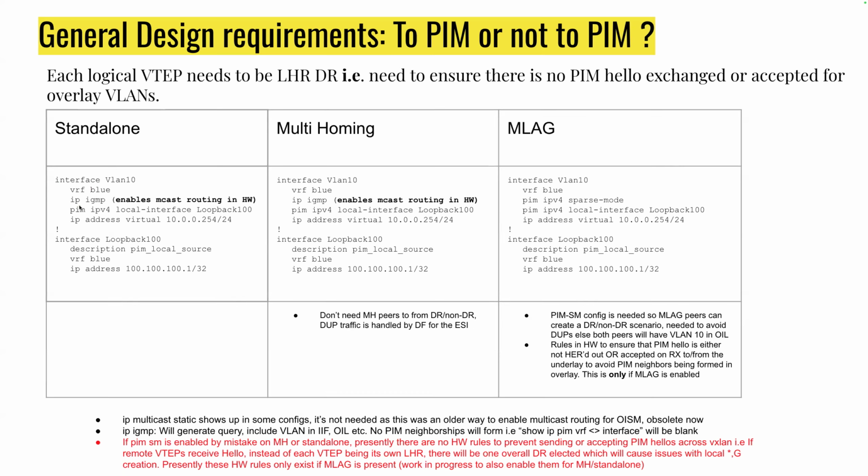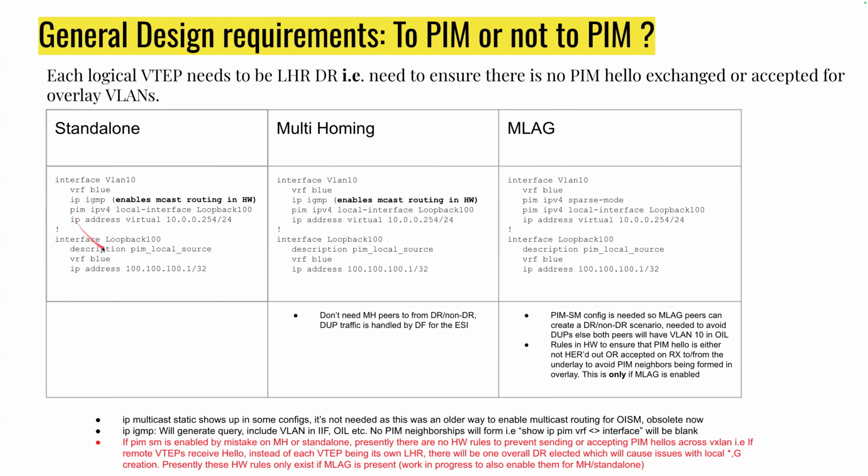I think the developers are now working on including some hardware rules with PIM IPv4 sparse mode which would prevent sending across the VXLAN. But for now we do not have them, and we have to use ip igmp for standalone. Things change a bit for MLAG, but we will discuss that later.